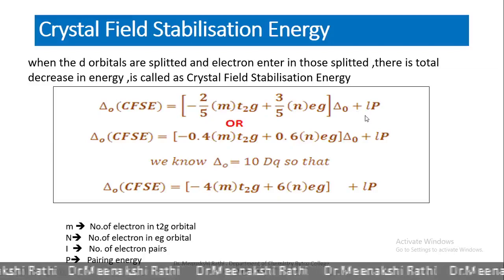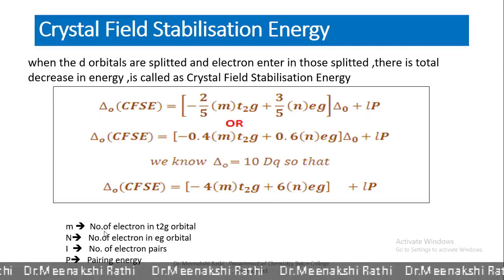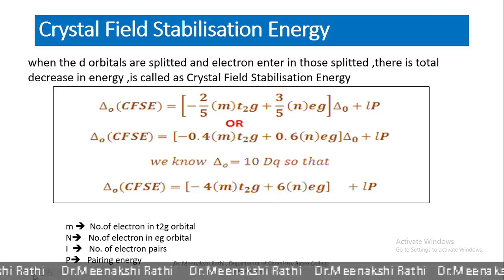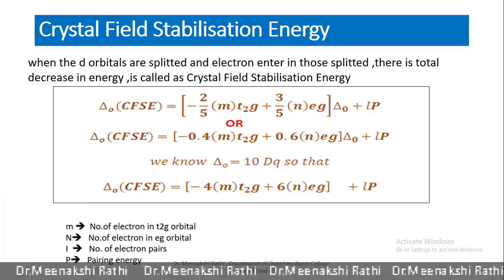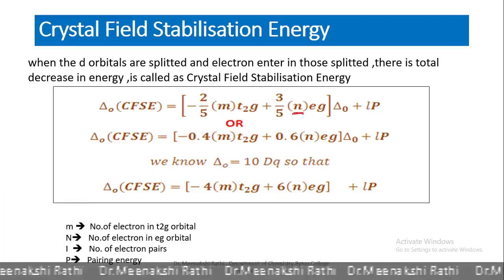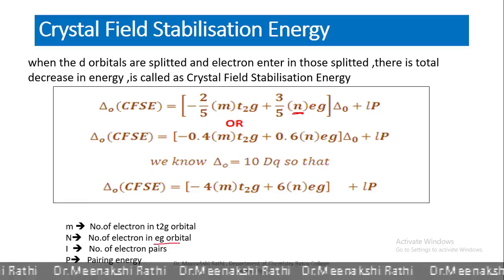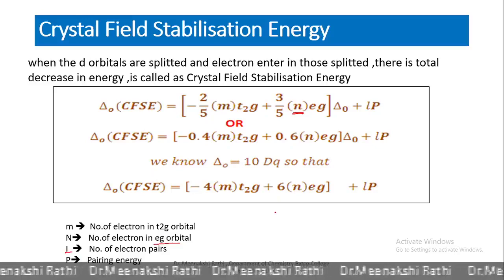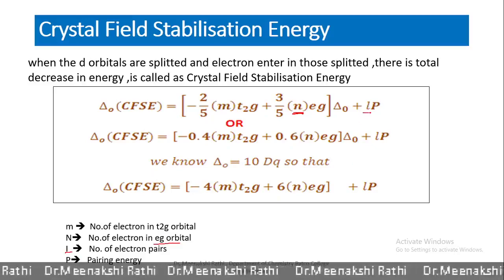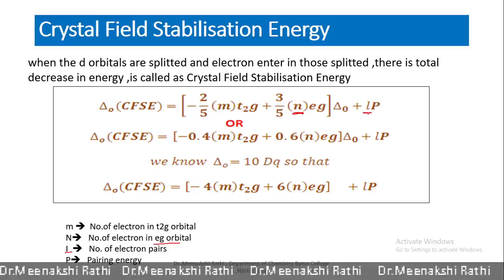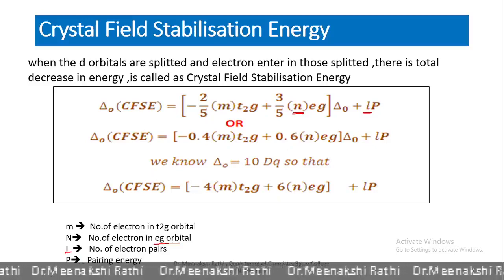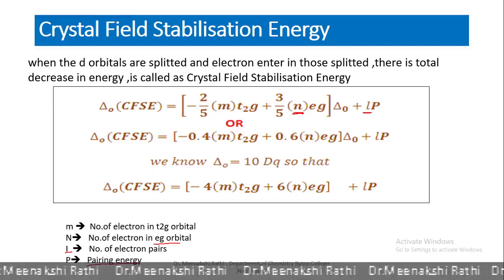Here you can see m is the number of electrons in the T2g orbitals, while n is the number of electrons in the Eg orbitals. L is the number of electron pairs. I will explain that when we see some more problems, and P stands for the pairing energy.